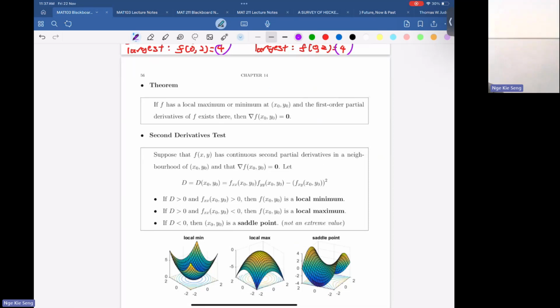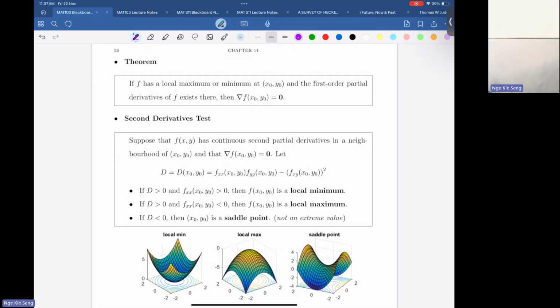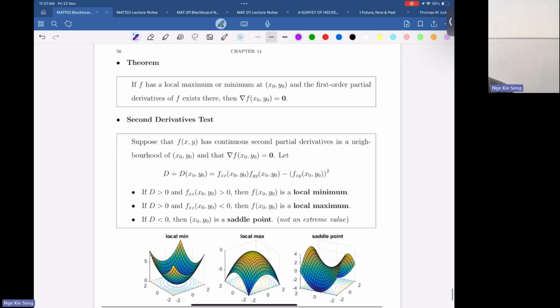Okay, next. So next, we'll decide what is a local max and local min. So this is similar to what you have in your calculus 1, where you check the second derivative test. Okay, but the second derivative test here is special because note that our gradient here is a vector. So how do we get a number from these vectors now? Okay, so start with the theorem first.